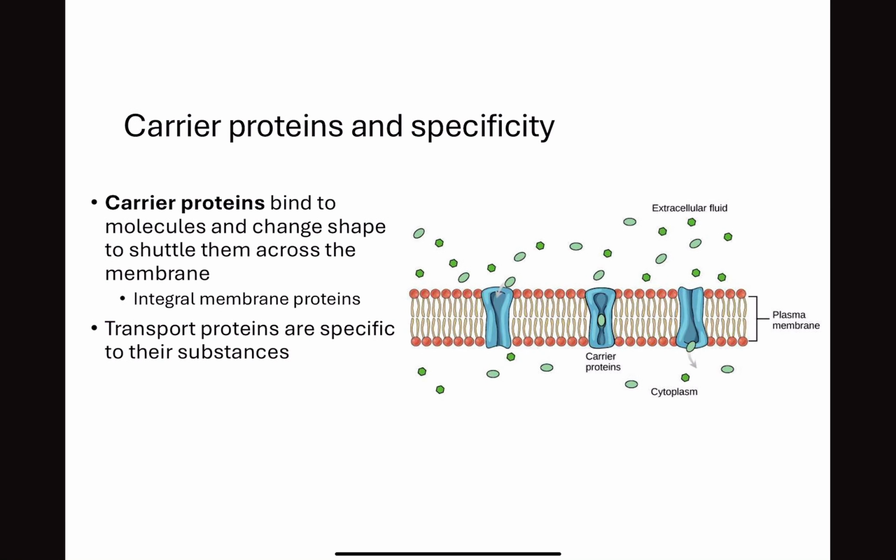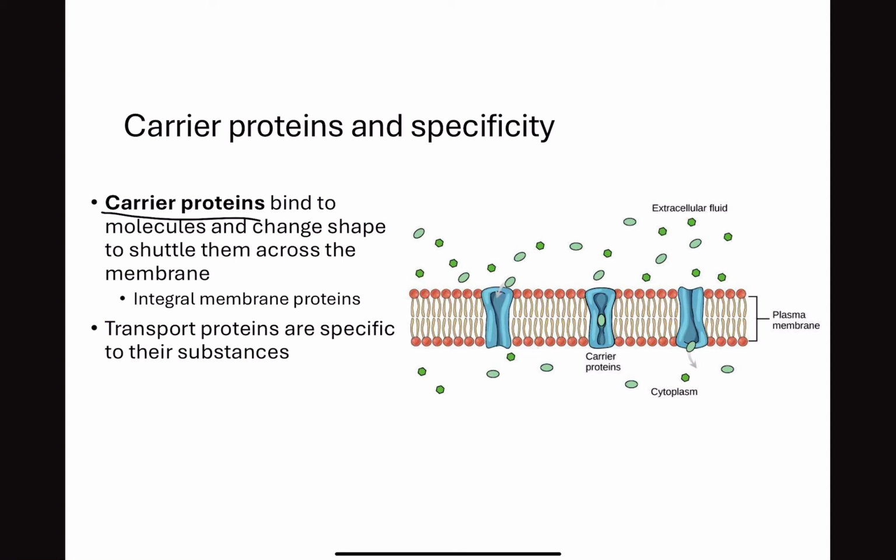We have other transport proteins called carrier proteins. Carrier proteins bind to molecules and change their shape to shuttle the molecules across the membrane. Each transport protein is really specific for the substance, or even a group of substances, that it's able to translocate.